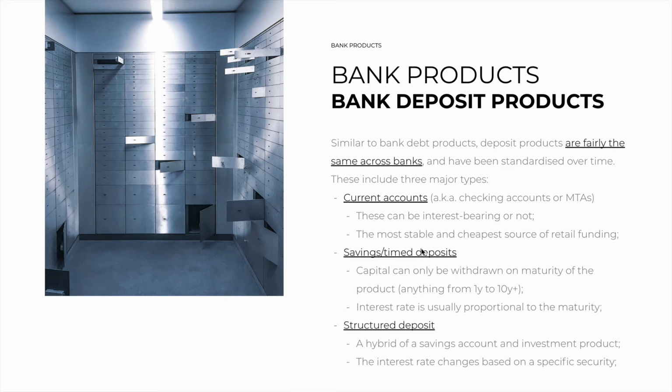Same principle. And actually, the interest rate is usually proportional to the maturity. The longer term that the person is willing to have their money locked in, the higher that the bank is willing to pay in interest, because it's guaranteed funding for that amount of time.